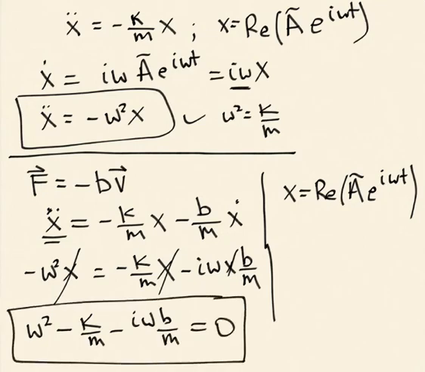So this sets a condition on the frequency for this solution to be valid. And now I can again preview the solution. What we're going to find when we solve that equation is that the frequency will be complex.